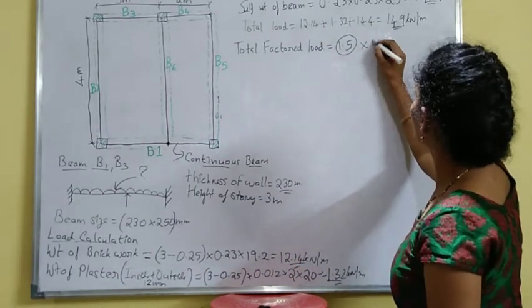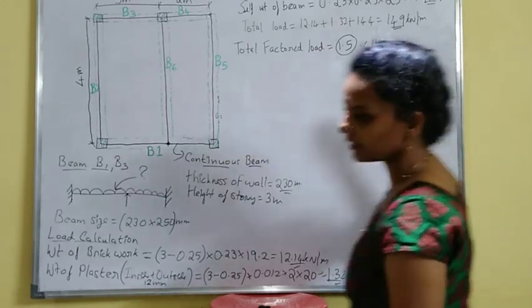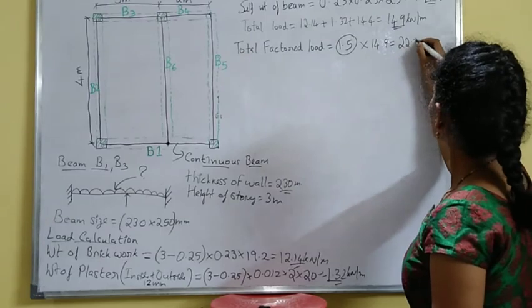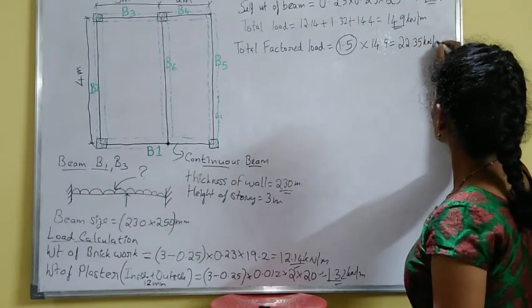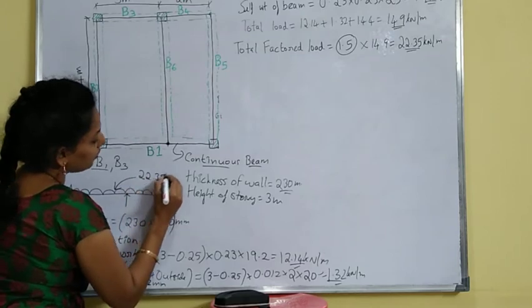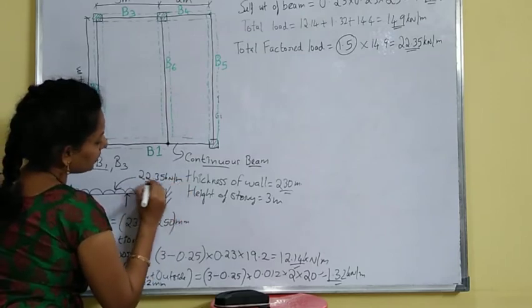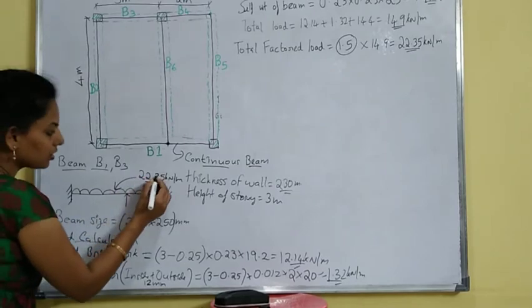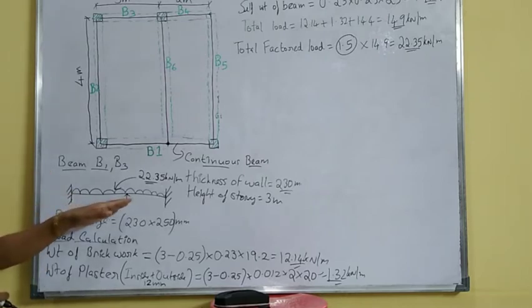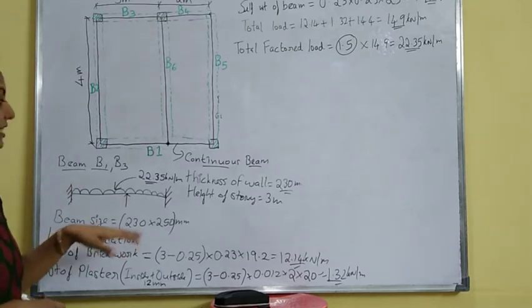So 1.5 into 14.9 is 22.35 kilonewton per meter. Now using this load, you can analyze this continuous beam using the moment distribution method, slope deflection method or Kani's rotation method. That analysis part I'll take in the next class.